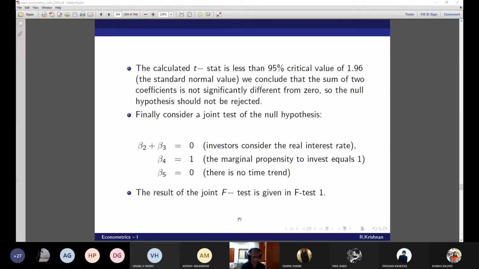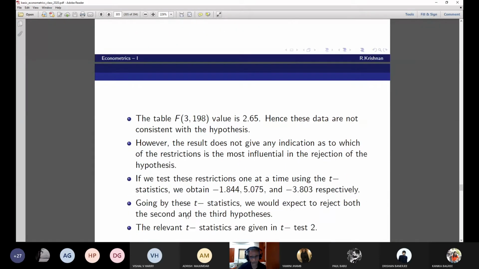What is the first one? T stat for the first one? See this? T stat for the first one is minus 1.844. Do you get this? Yes, sir. So the first one will not be rejected at the 5% level, but the second and third will be rejected at the 5% level confidently.